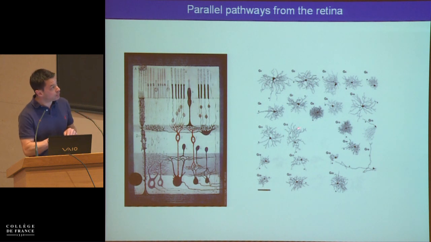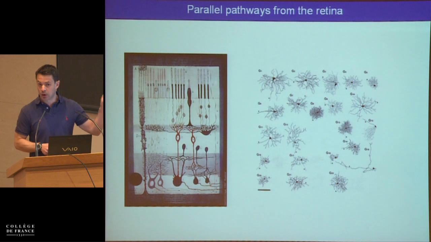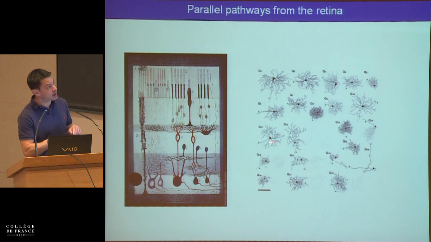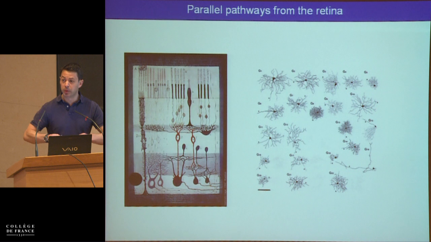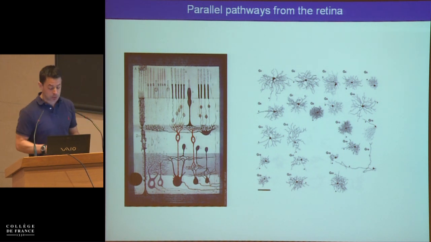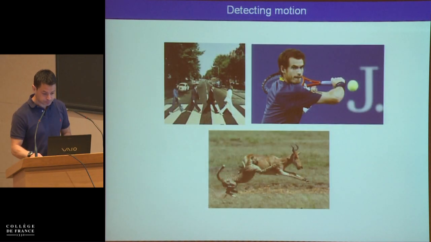You need to know what the functional properties of each of these classes of ganglion cell are, i.e. what is each class telling the brain about the visual scene. And you also need to know how the axons of these ganglion cells are distributed amongst the various retina recipient targets. So it's certainly not the case that every single target in your brain gets input from every single class of ganglion cell. And so these are exactly the kinds of questions that we've been trying to address.